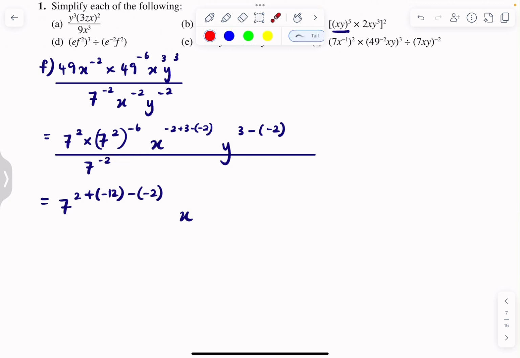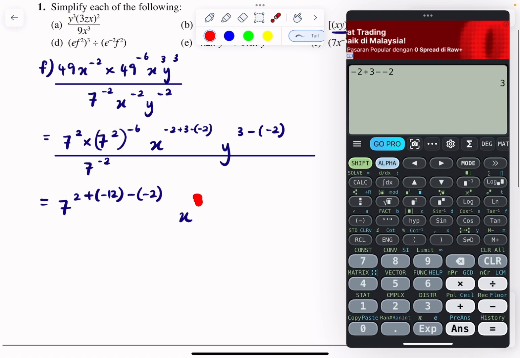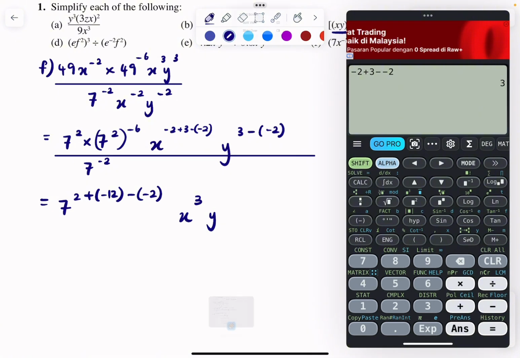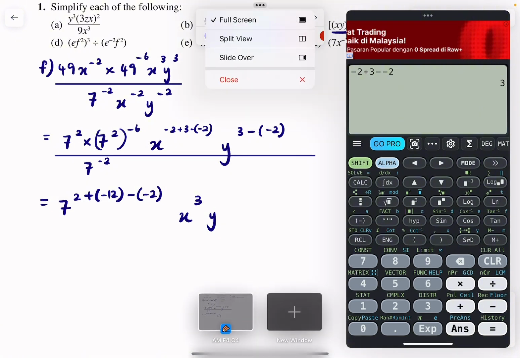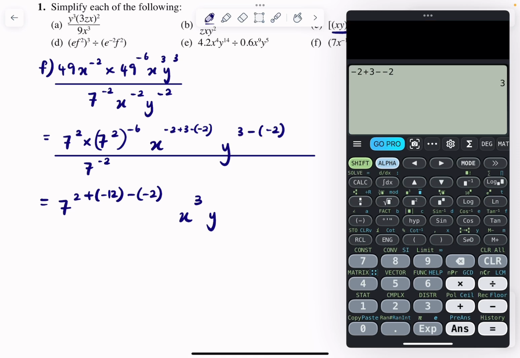Then we have x. This you can just put in your calculator. Negative 2 plus 3 minus negative 2, we get 3 plus 2, we get 5.